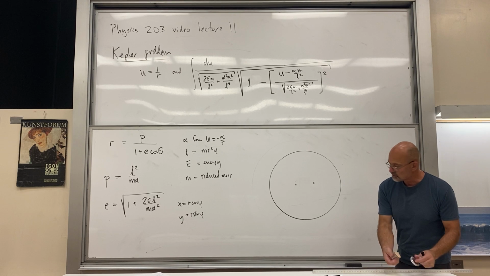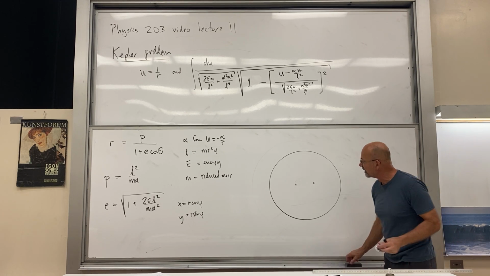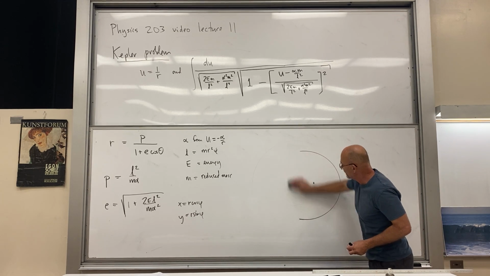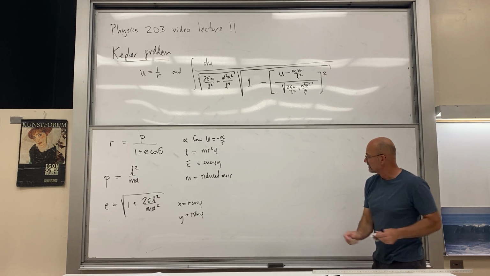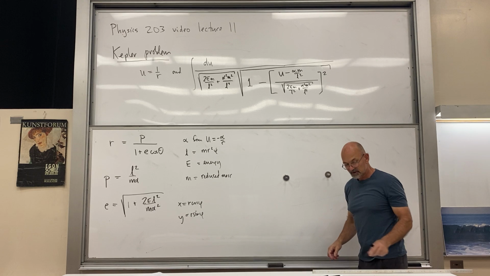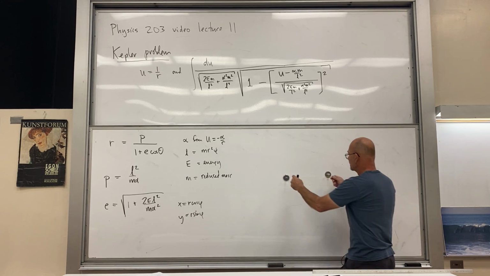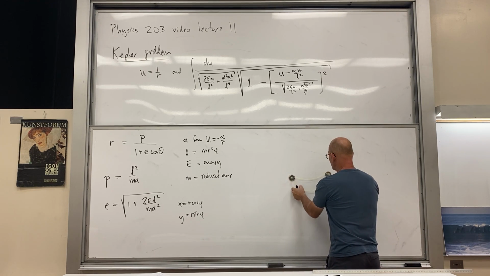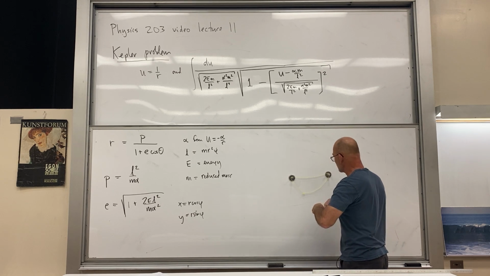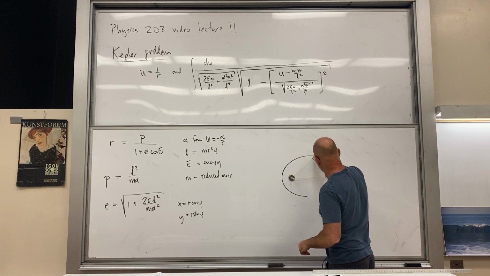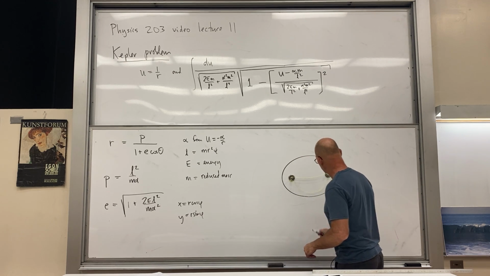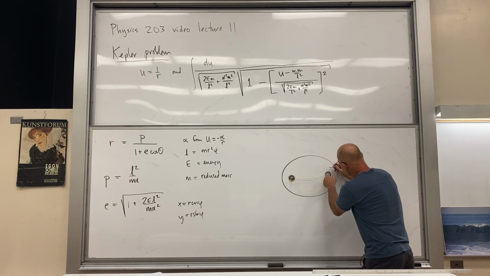But I'm going to draw a couple more, and you guys are welcome to try this too. So here now I put the foci pretty far apart, and we start getting something that looks more elliptical.